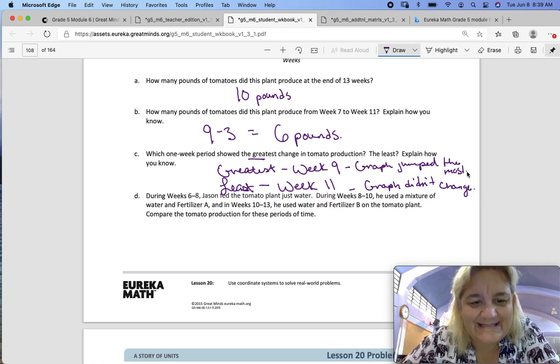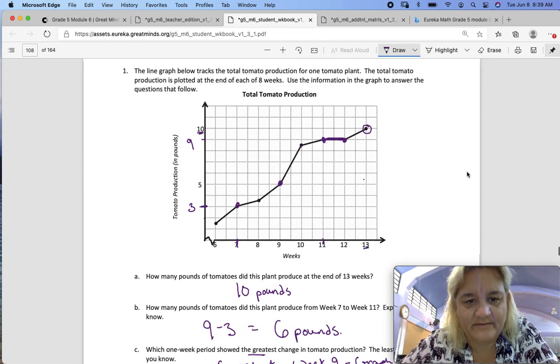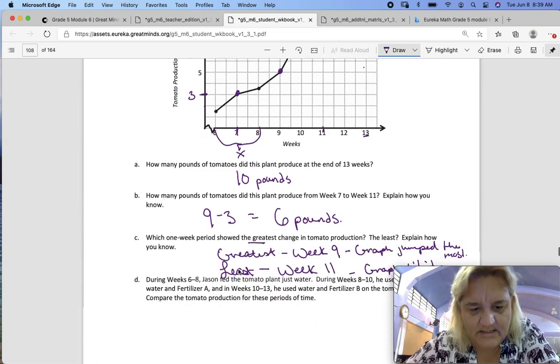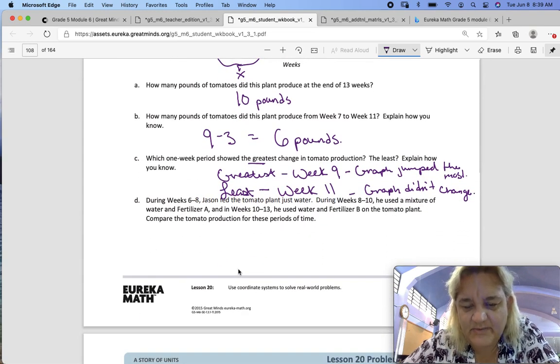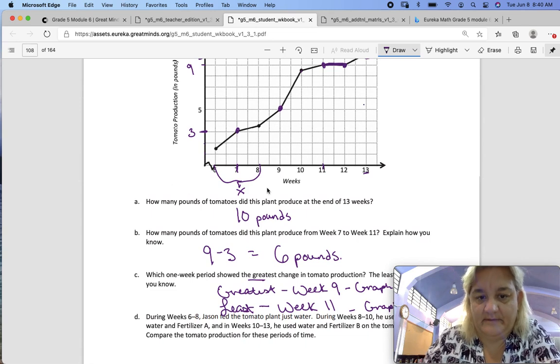During weeks 6 through 8, Jason fed the tomato plant just water. From 6 through 8, just water, from here to here. During weeks 8 through 10, he used a mixture of water and fertilizer. Oh, we have a big jump there. That's the water and fertilizer. H2O is our symbol for water, right?